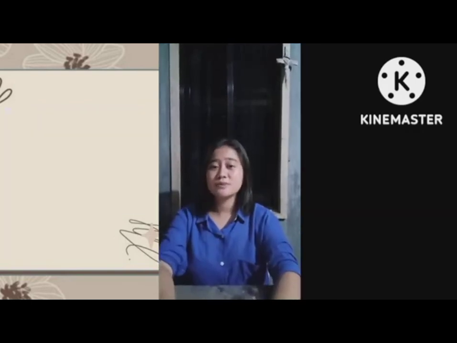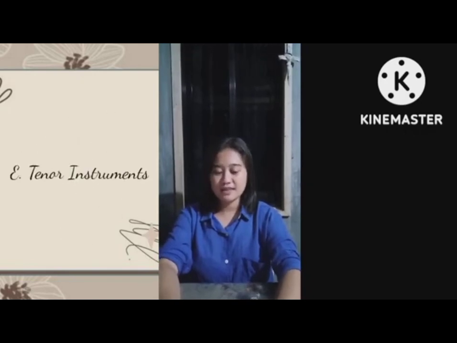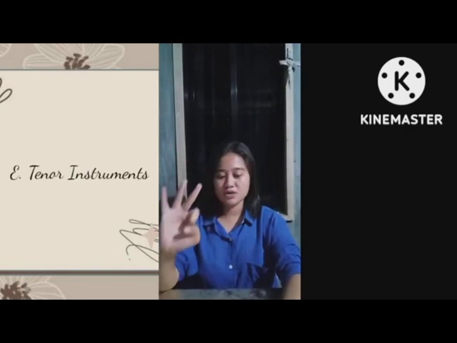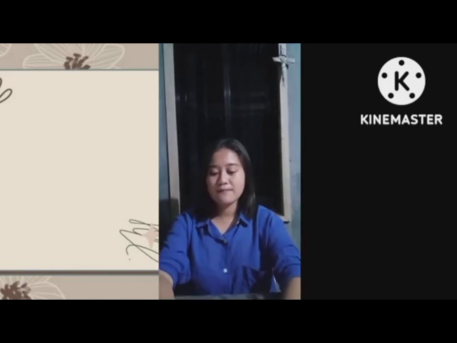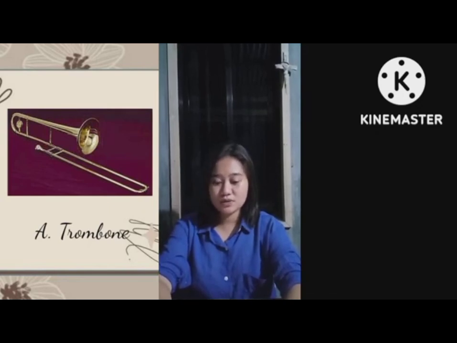The last group of musical instruments is the tenor instruments. In tenor instruments, we have three instruments that belong. First, we have trombone. It is a musical instrument in which the sound is produced when the player's vibrating lips trigger the air column inside the device to vibrate.